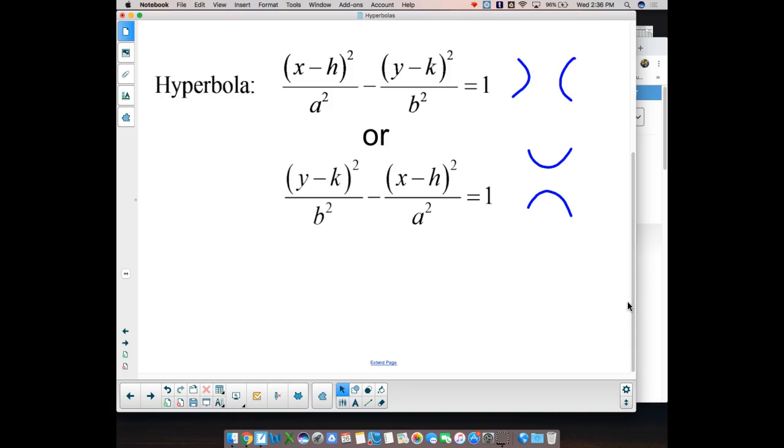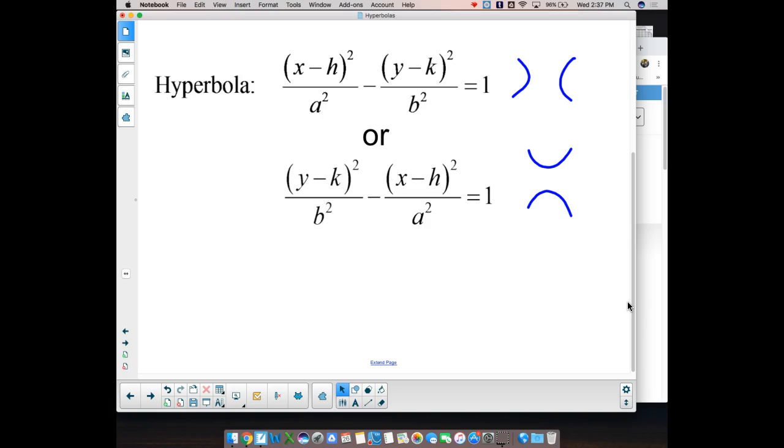Here, let me extend that page up a little bit. Here are the two general equations, the two general forms, of a hyperbola. One thing you should notice is that it's different from a circle and different from an ellipse in that we are now subtracting the squared terms.